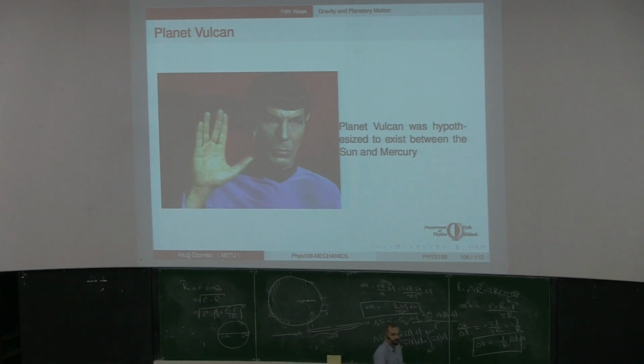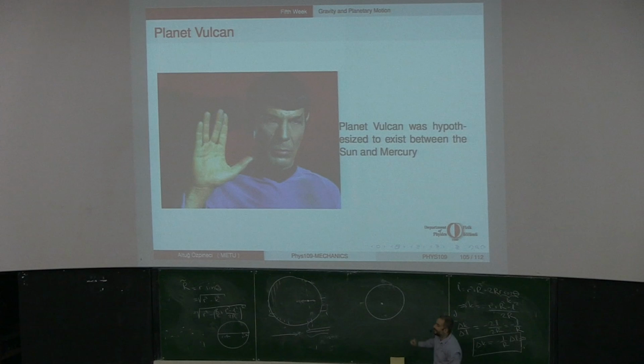Now you see, we studied Kepler's laws. We said that the orbits have to be ellipses. And from that, we showed that the gravitational attraction is 1 over R squared. But if you imagine Earth, so this is the sun, this is Earth, orbiting the sun.